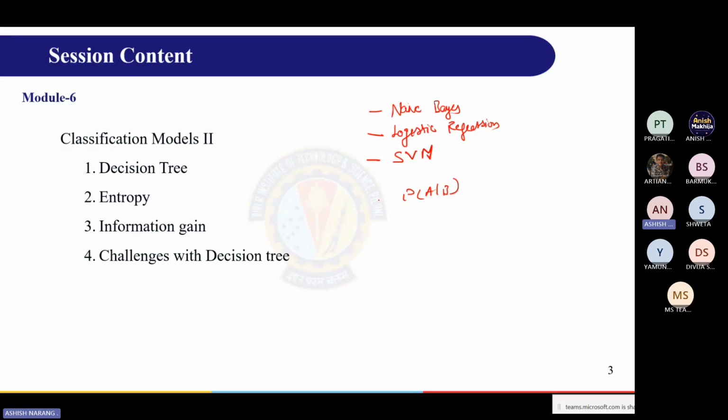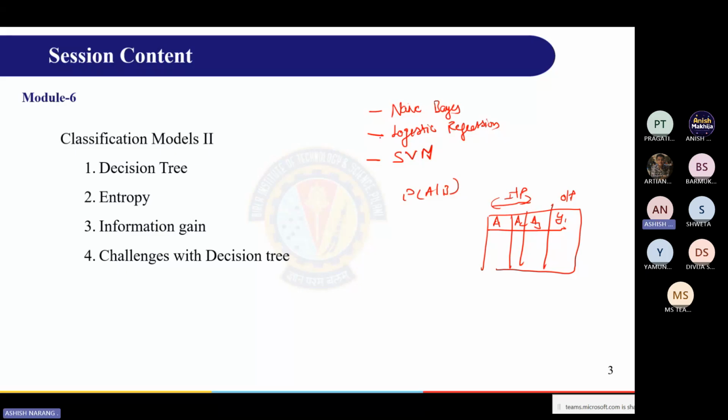The idea is you're given a data set, right? With some attribute values like A1, A2, A3, and there is a prediction variable, I'm calling it as Y1. So based on these input features, the idea is to predict this output feature, predict the class basically. And typically we talked about binary classifiers, right?